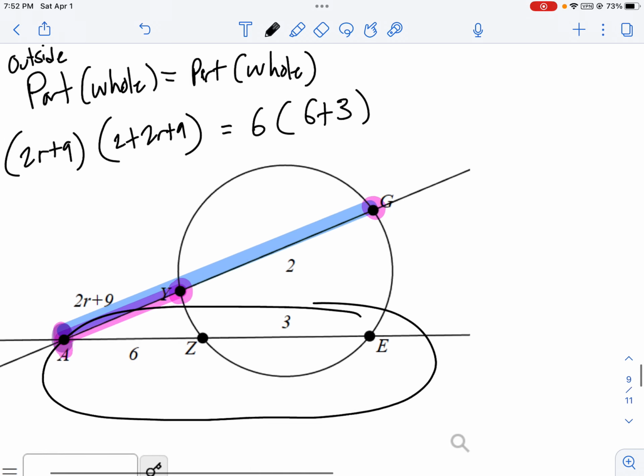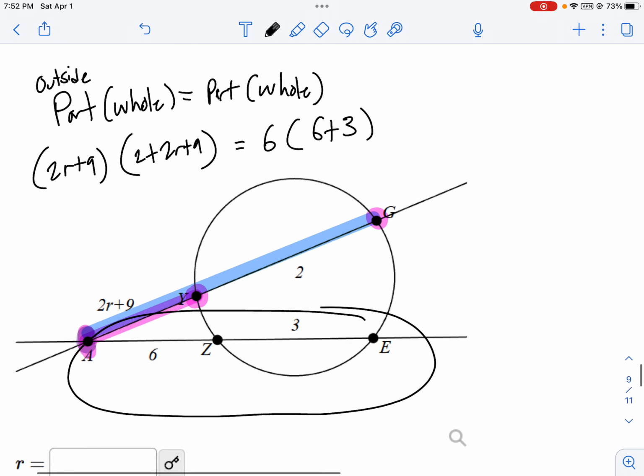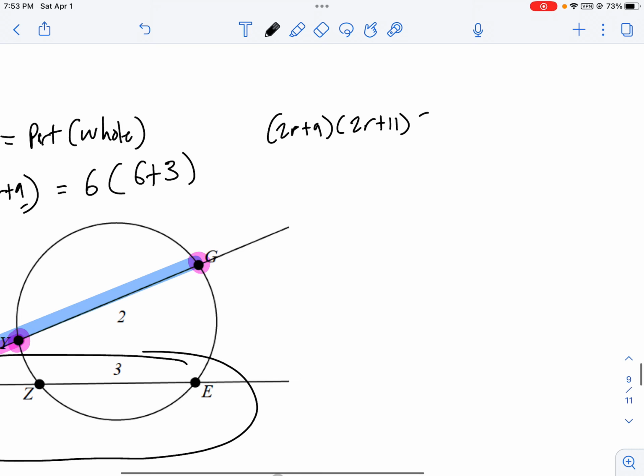Then it's just a matter of multiplying it together and solving for r. We have 2r plus 9 in the first parenthesis and 2r plus 11 in the second, since 2 plus 9 is 11. That equals 6 plus 3, which is 9, and 9 times 6 is 54.